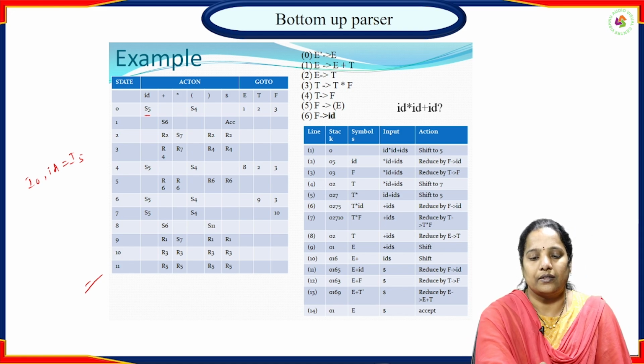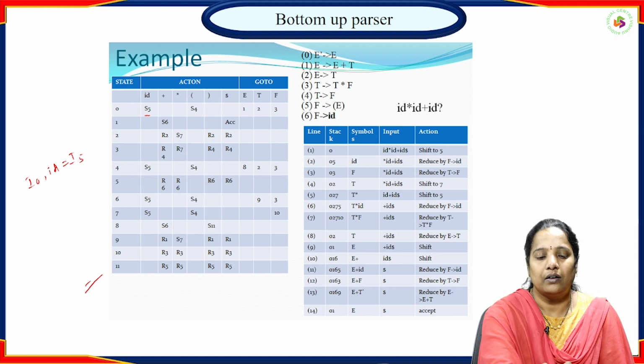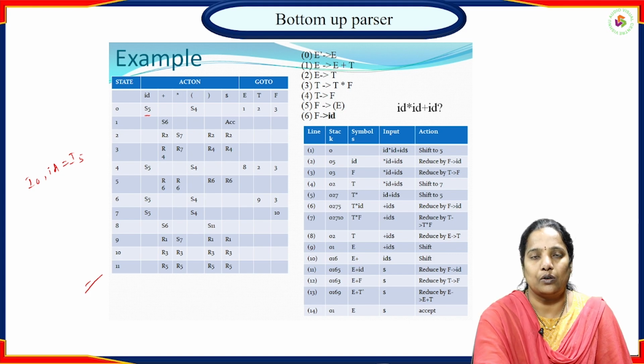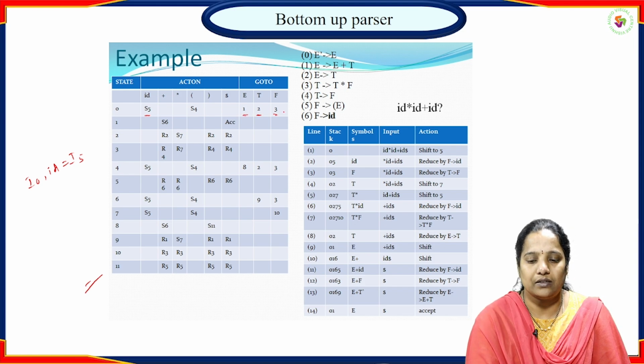I0 on left parenthesis is going to I4, that is S4. Shift actions can be entered. Goto will be given for non-terminal symbols. I0 on E is going to I1, that can be represented directly. There is no shift or reduce, directly we write the item number.